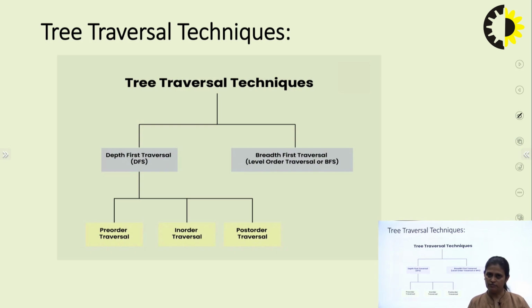The depth first traversal is also categorized into three types: the first is pre-order traversal, the second is in-order traversal, and the last is post-order traversal.